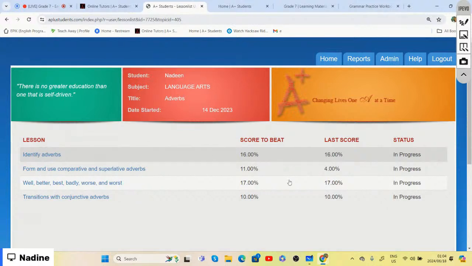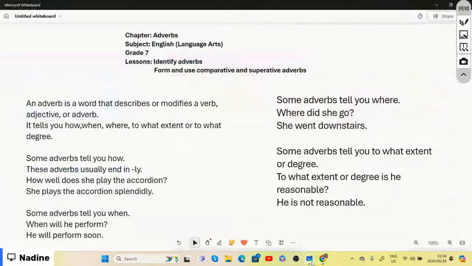All right, so our chapter is adverbs. Our subject is English Language Arts. Grade 7.